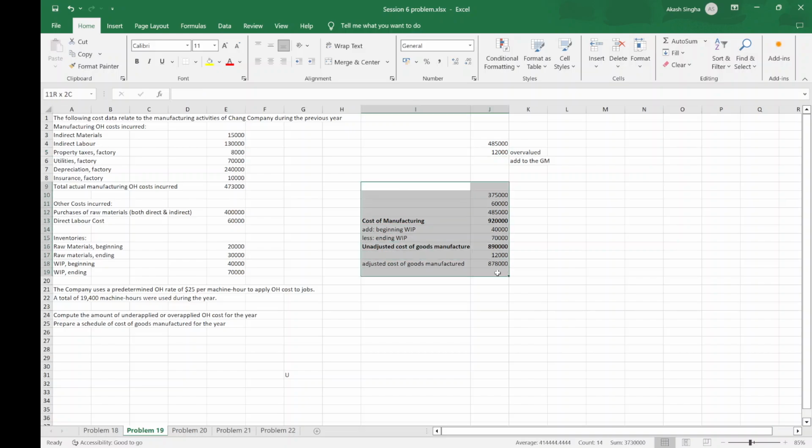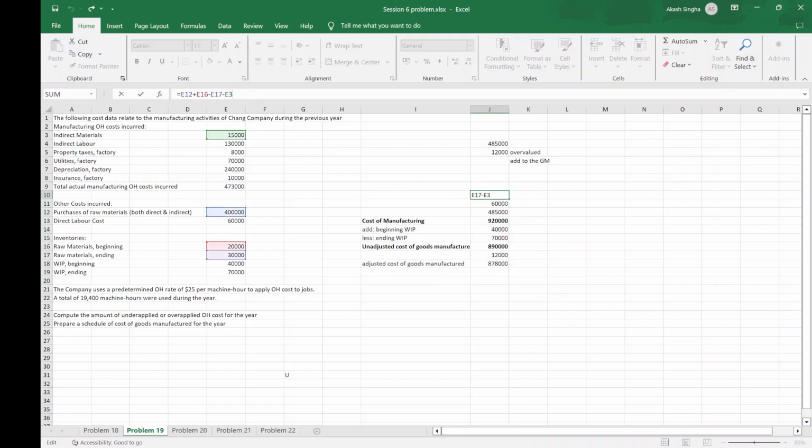So now we have to create the cost sheet. This is the beginning inventory plus purchase of raw material minus ending inventory and minus indirect materials. So this will be our total direct material cost.